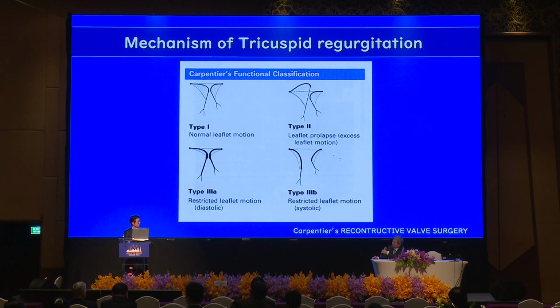In recent years, we use the Alfieri stitch in a very huge tricuspid, just to tie it over, and then it allows us to go ahead. And we measure the mean gradient across the tricuspid valve, almost all very low, about 3 to 4, and it's very quick. What is your opinion on that?